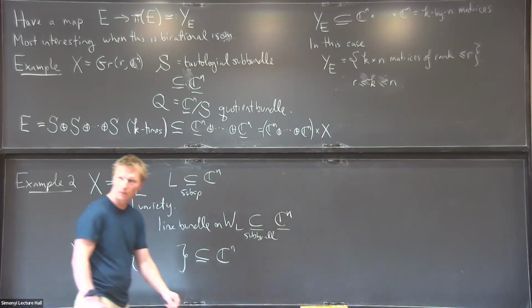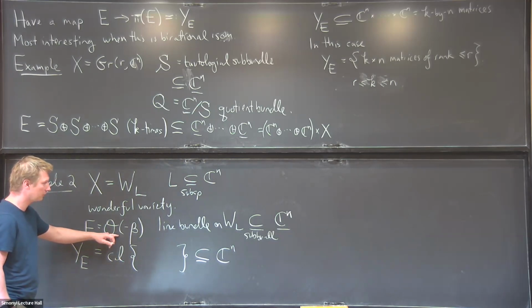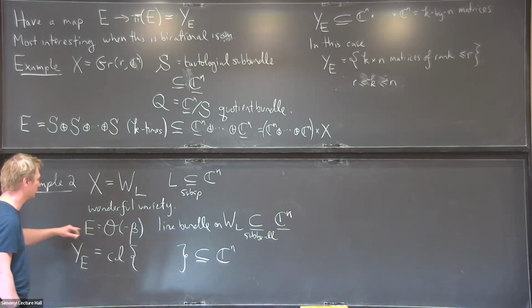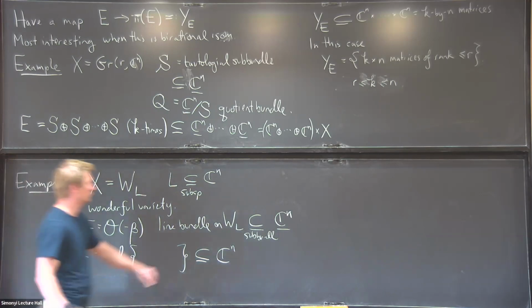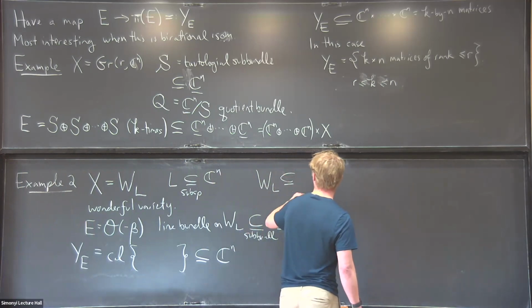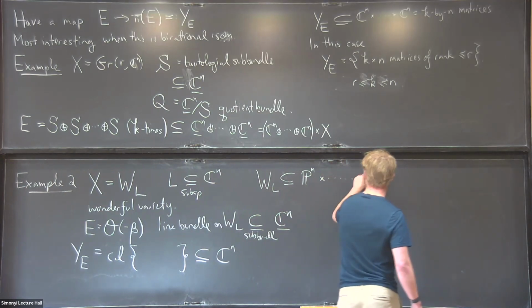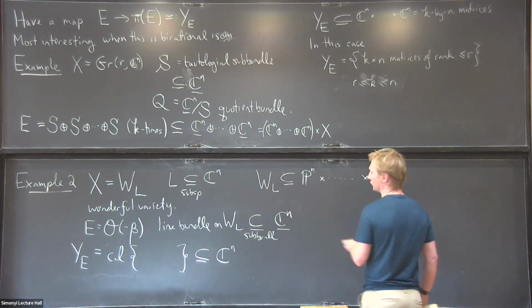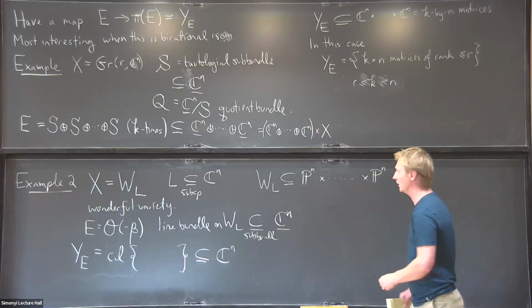Could you repeat what is beta? This WL is a subvariety of a product of projective spaces. Not all of the projective spaces are going to be PN, but two of them will be.